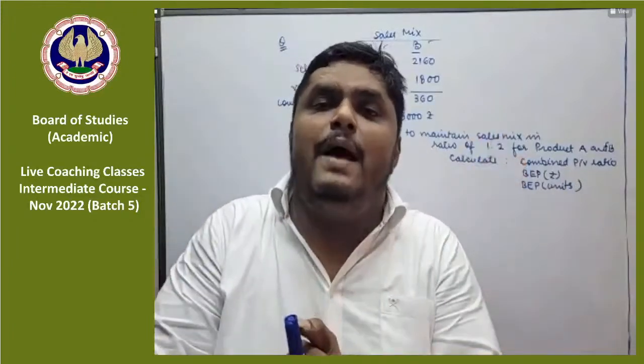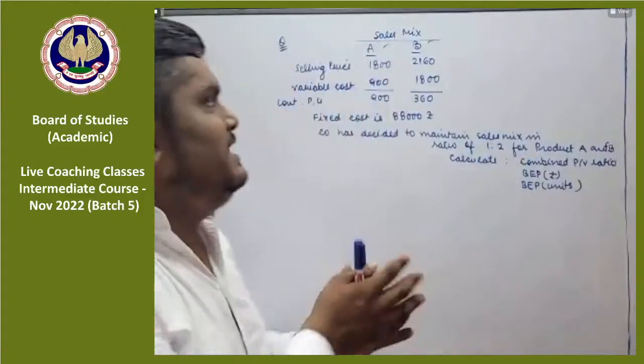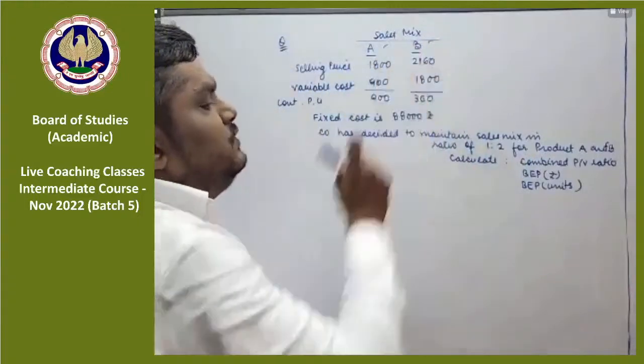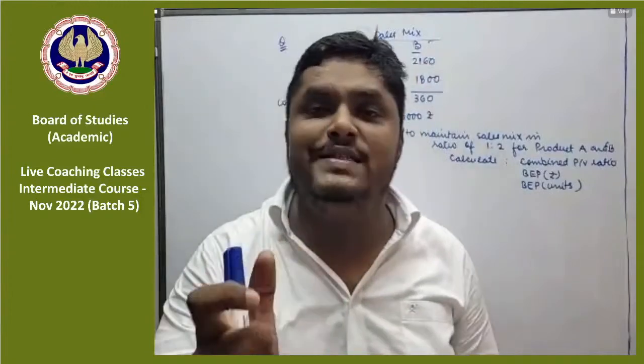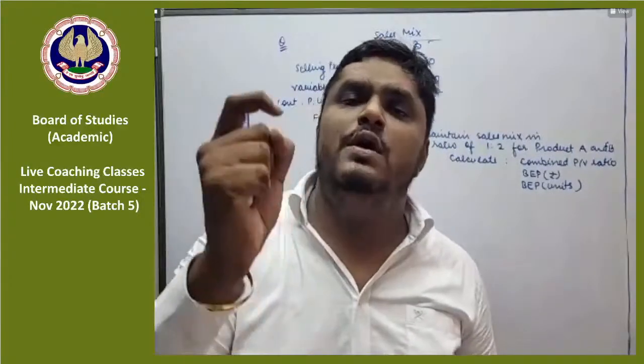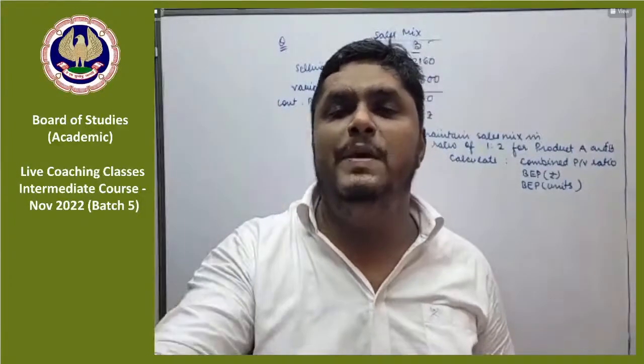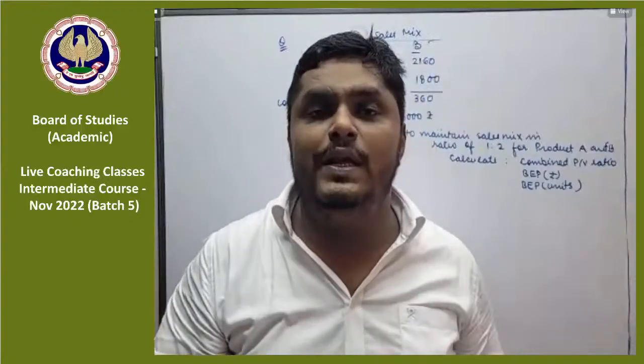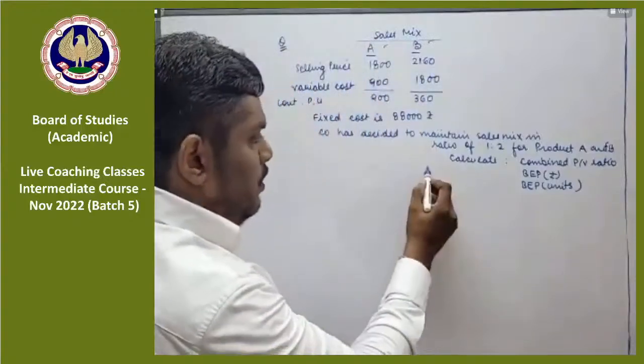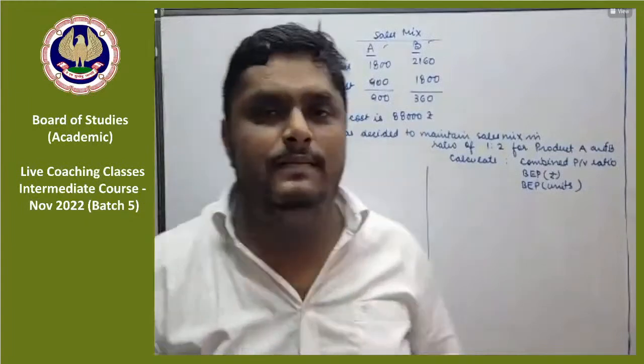Now let's say the company has decided to keep the sales mix in the ratio of 1:2. So you have to first calculate the combined PV ratio, thereafter break-even sales in rupees and units individually and for the company as a whole. So waiting for your answers, guys.